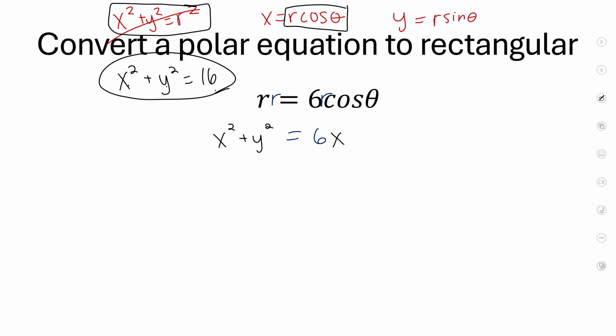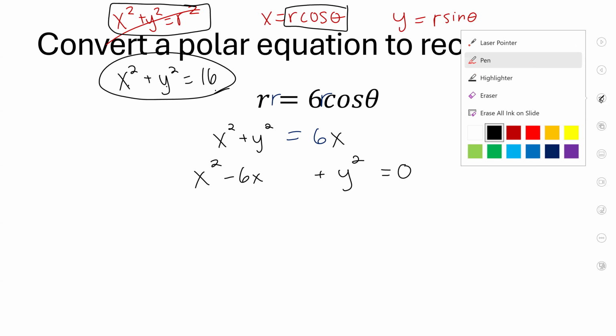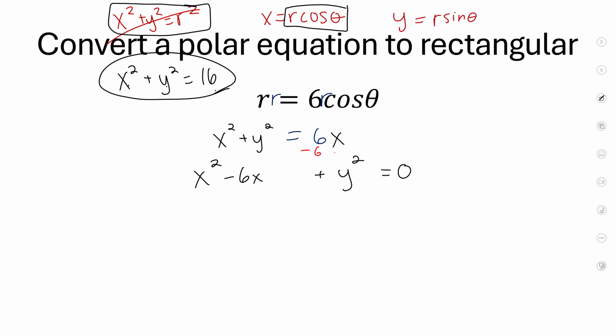So I'm going to move it. I'm going to have x squared, and I'm going to move the 6x, so it's a minus 6x, plus y squared, equals 0. Write it like that. All I did, guys, was just move that to the other side. That's all I did. Okay, now here's the math trick.